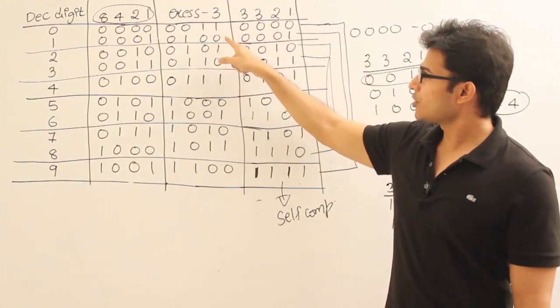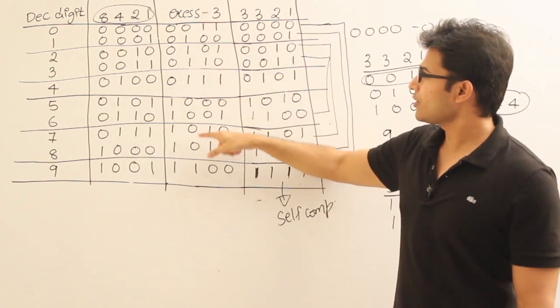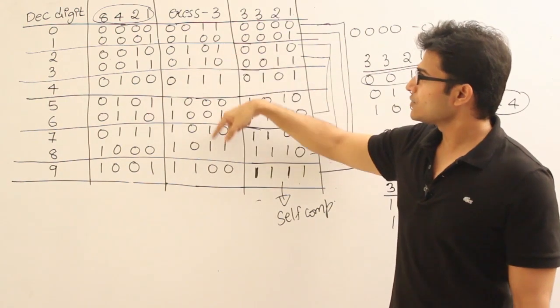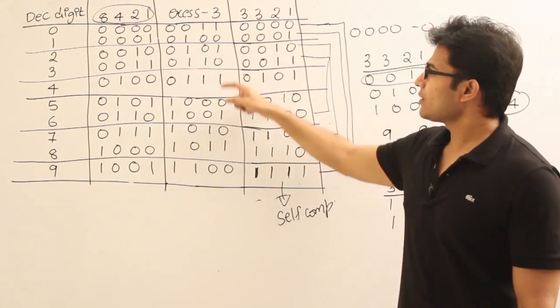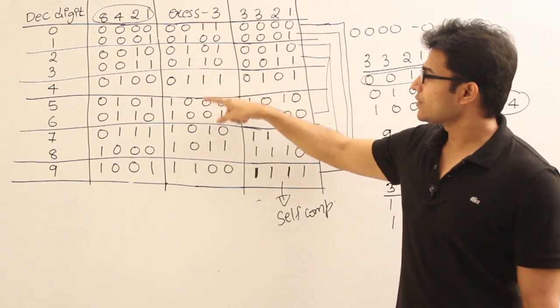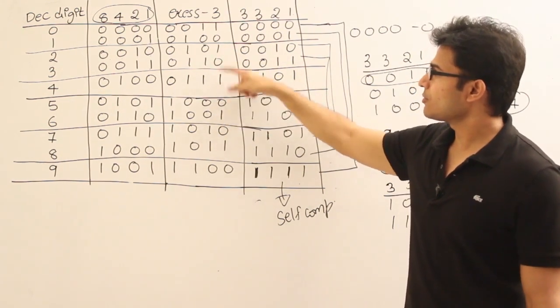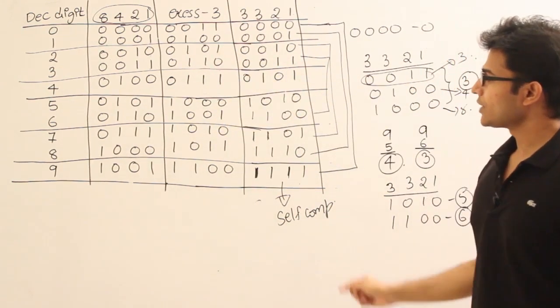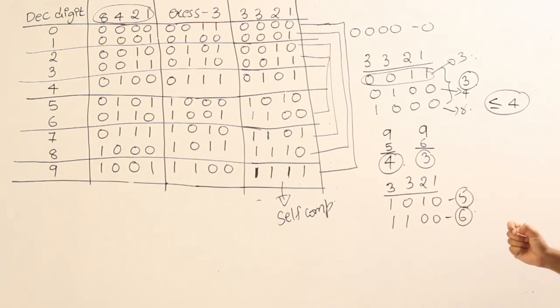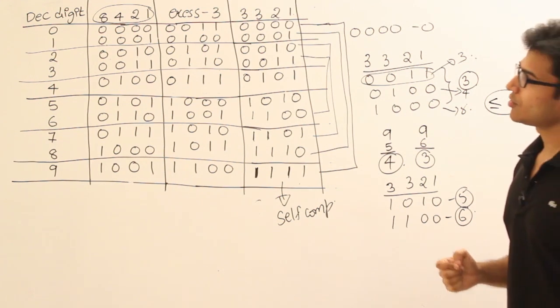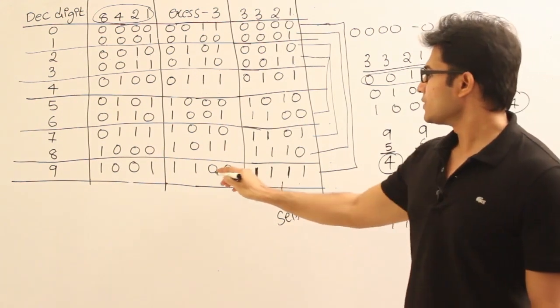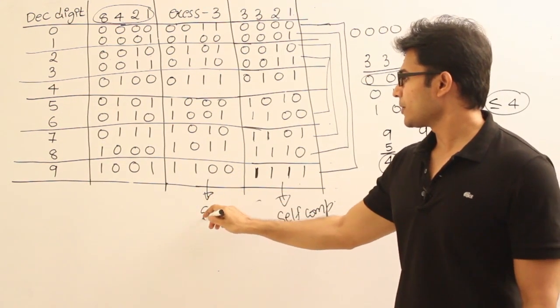For example, the 9's complement of 1 is 8, and they are exactly the 1's complement of each other. The 9's complement of 2 is 7, and again they are 1's complement of each other. Likewise, you can see for every number that the 9's complement is equal to the 1's complement. Therefore this one is also self-complementing.